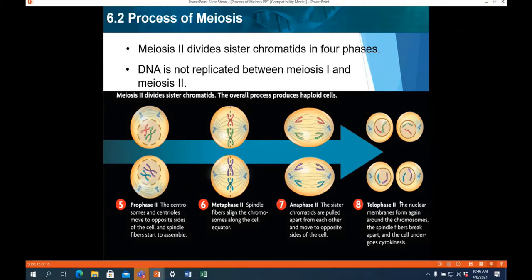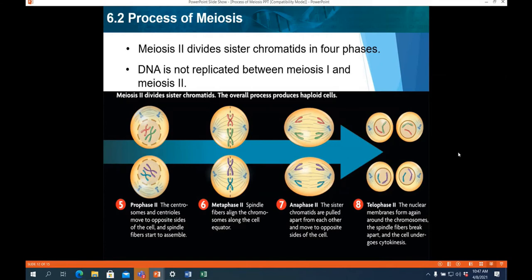So finally, by the end of Telophase 2, which is meiosis 2, you will get 4 haploid cells. The nuclear membranes form again around the chromosomes, the spindle fibers break apart, and the cell cytoplasm divides. These 2 give rise to 4 haploid unique cells which have a different combination of chromosomes.